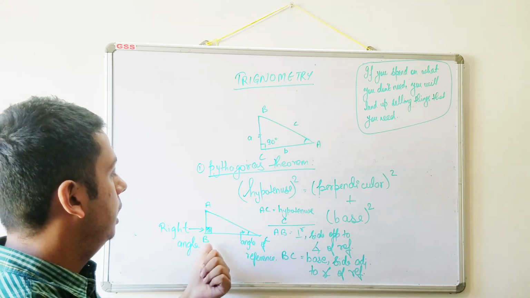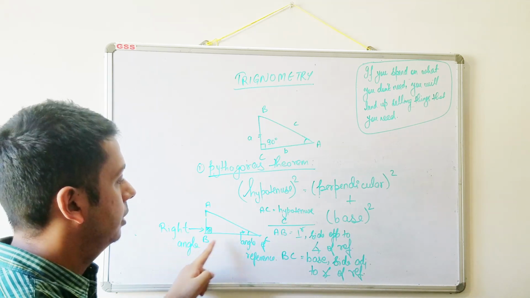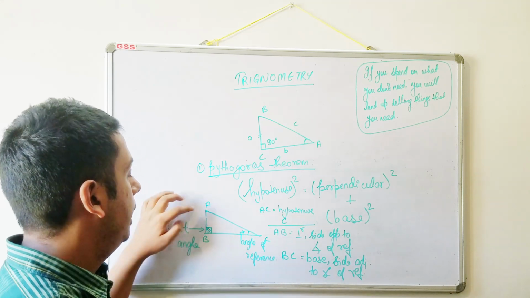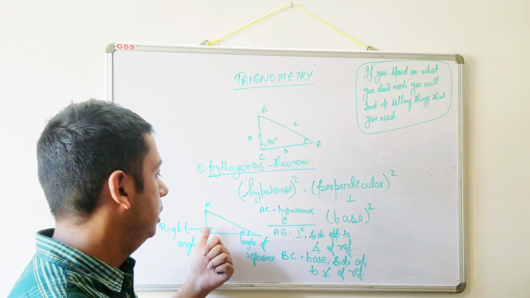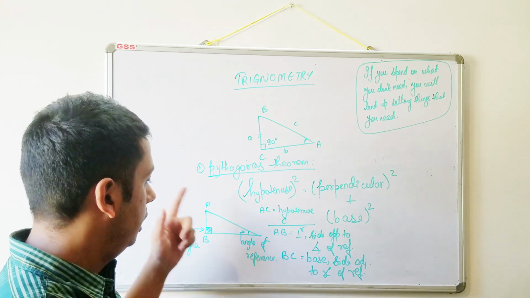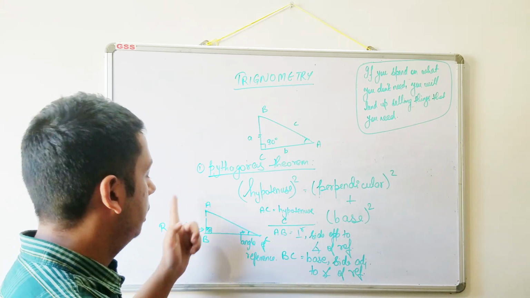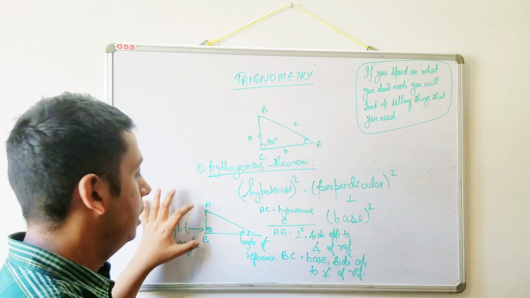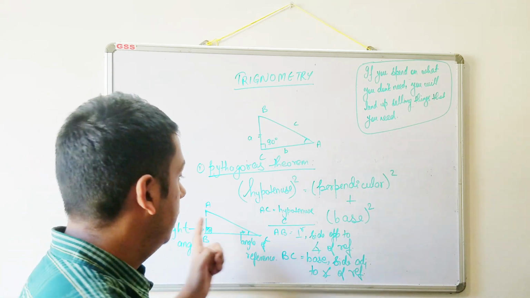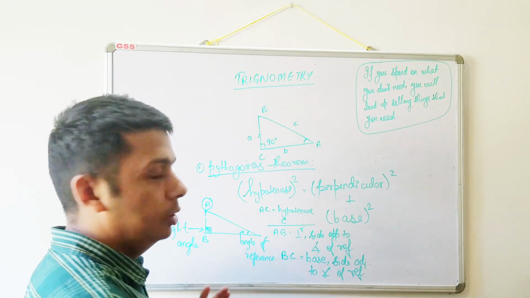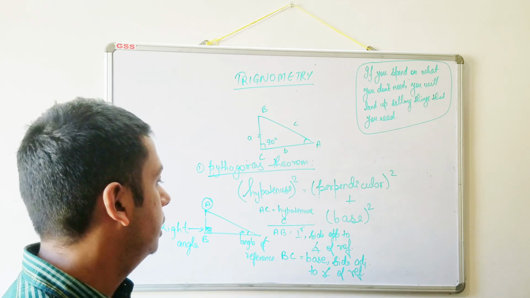For angle A, the opposite side is BC, so that would be the perpendicular, and AB is the adjacent side, so adjacent side would make it the base. So for this right angle triangle, my BC is the perpendicular and AB is the base, for A being the angle of reference. So you need to be a little careful over there.